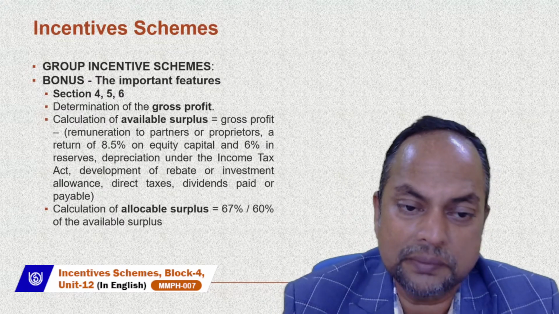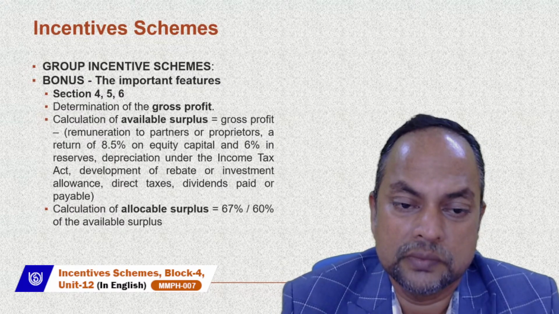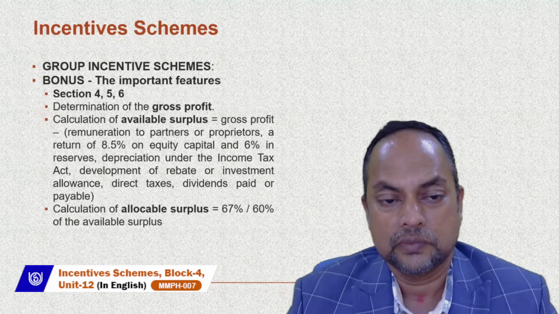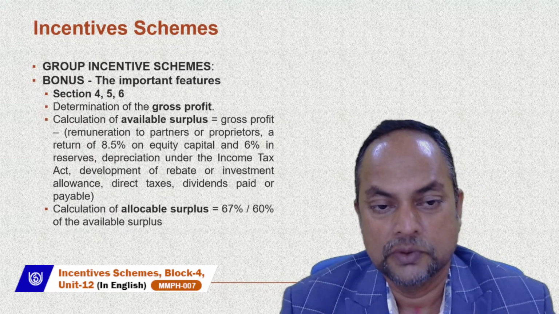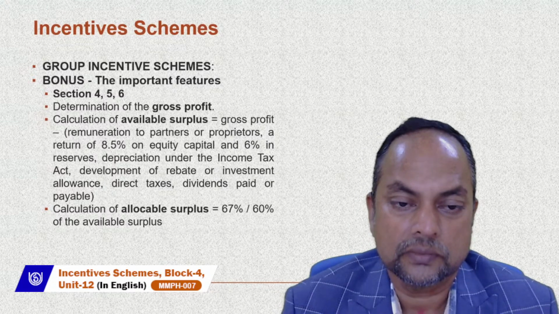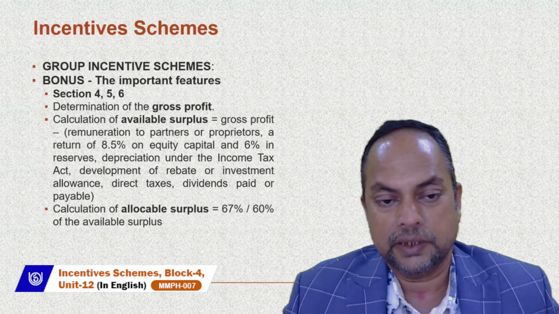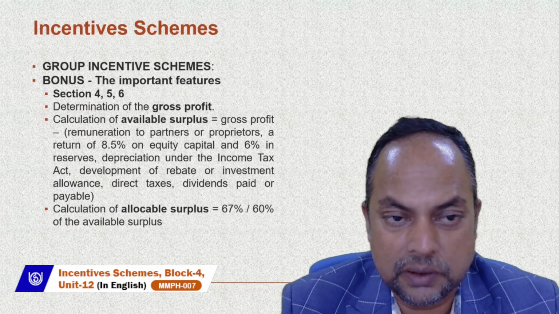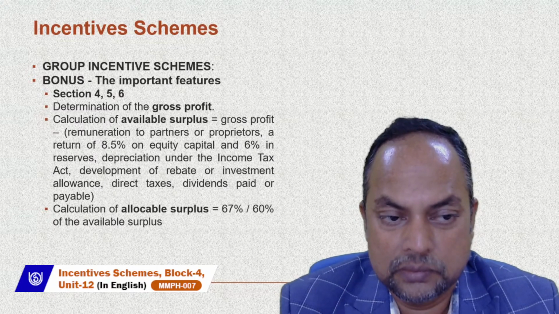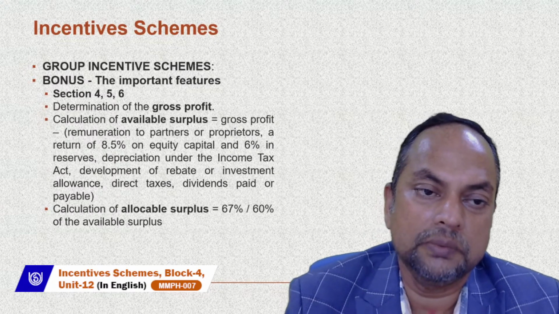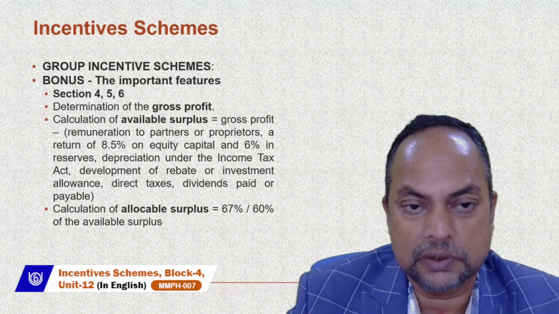So for them, 67% of the available surplus will be the allocable surplus. But for the rest of the organizations, where they have not made the provisions for the payment towards the dividends, 60% of the available surplus will be given as the allocable surplus.